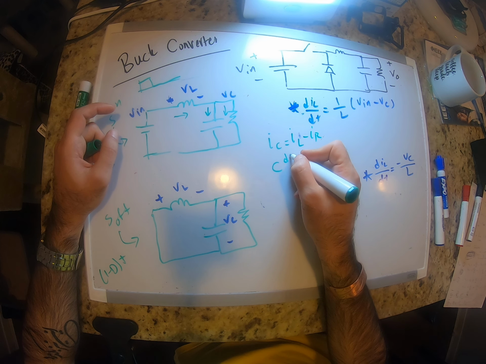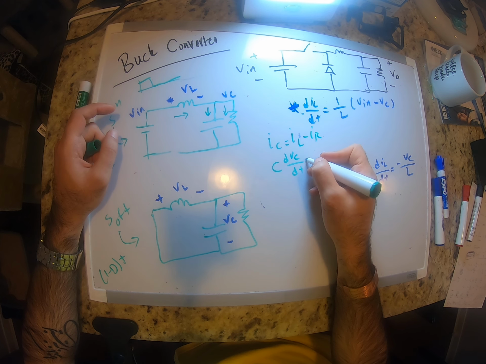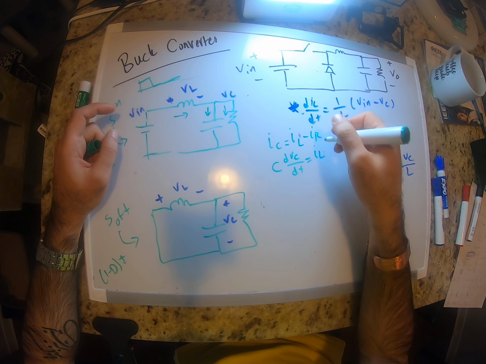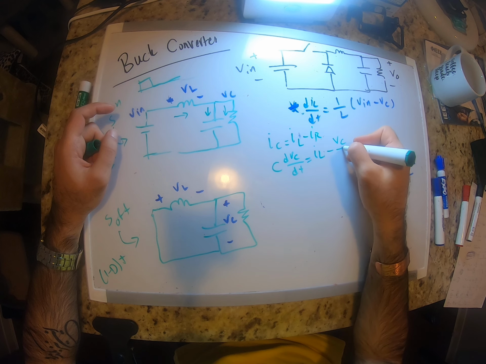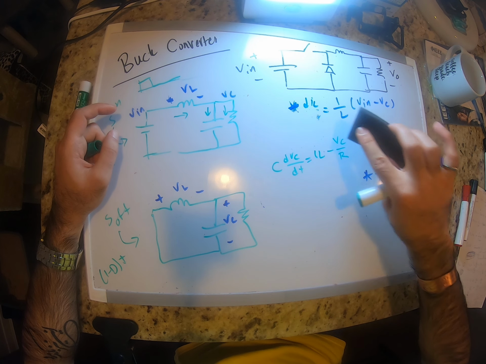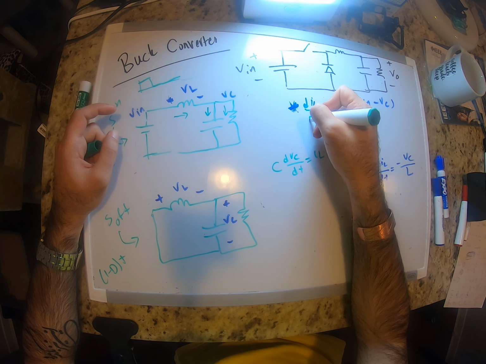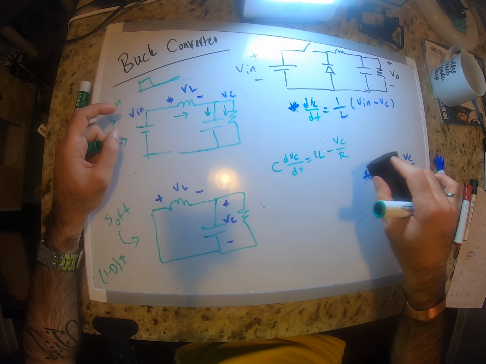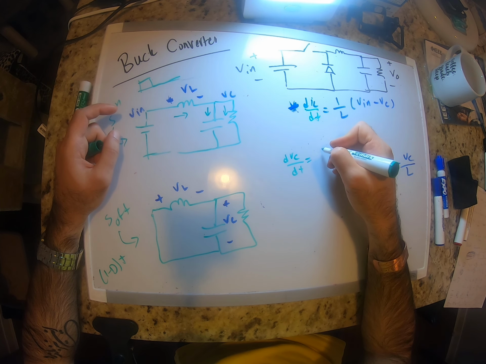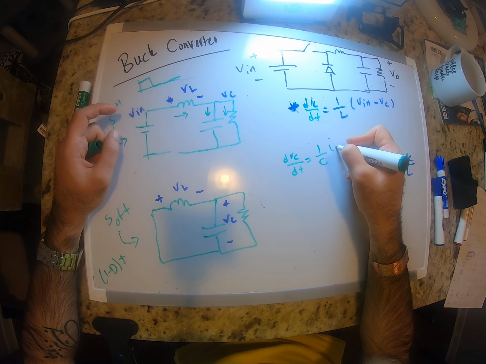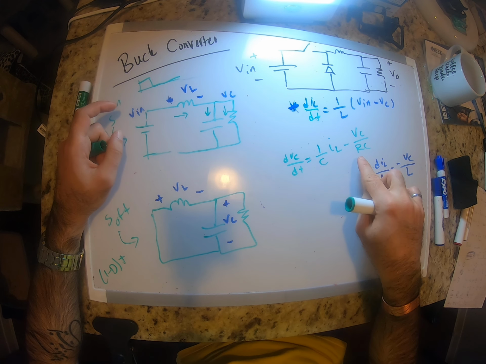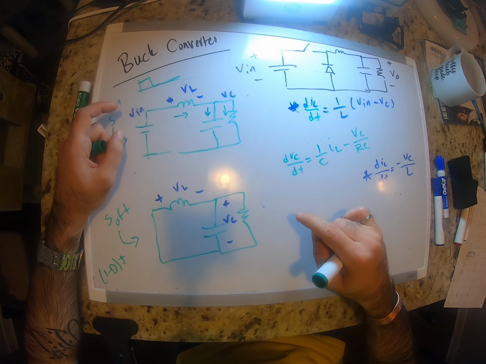IC is equal to C dVC over dt. IL is one of our states, so I'm going to keep it like this. IR, I'm just going to write as VC over R. Now we know that dVC over dt is 1 over C times IL minus VC over RC. I just divided both sides by C.